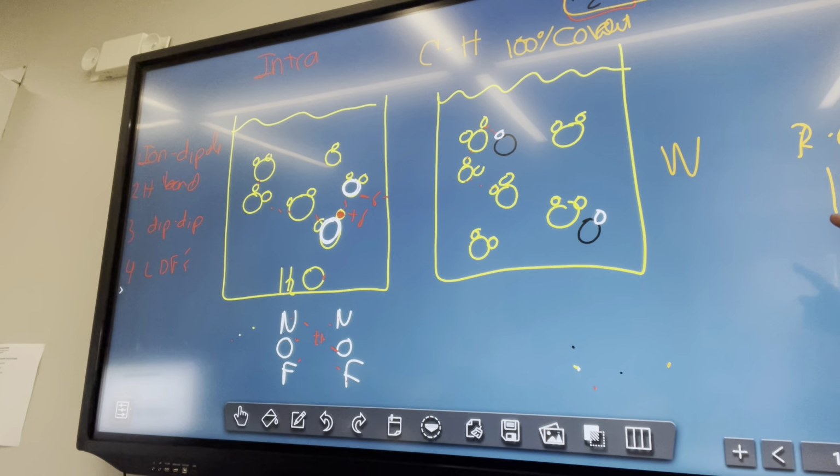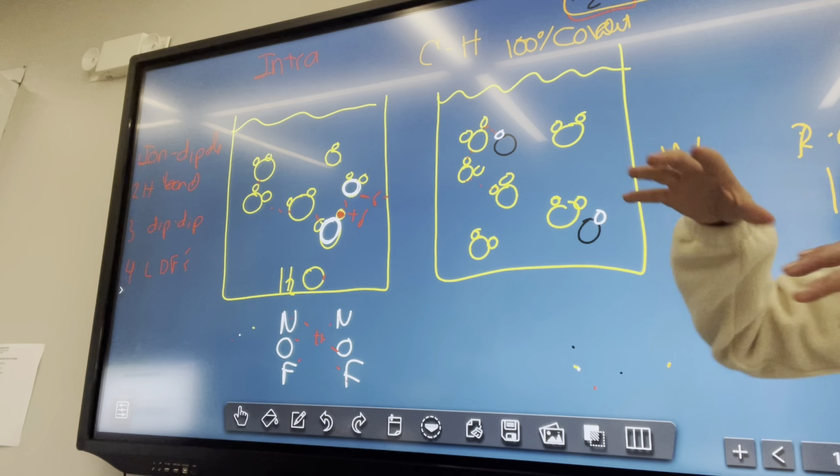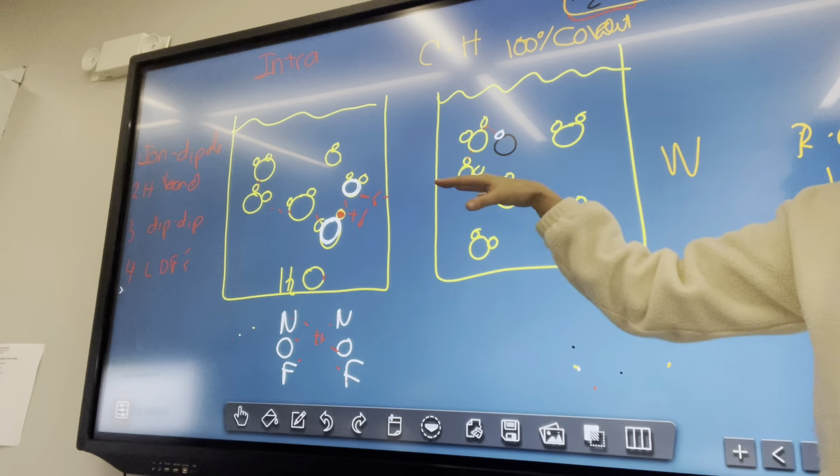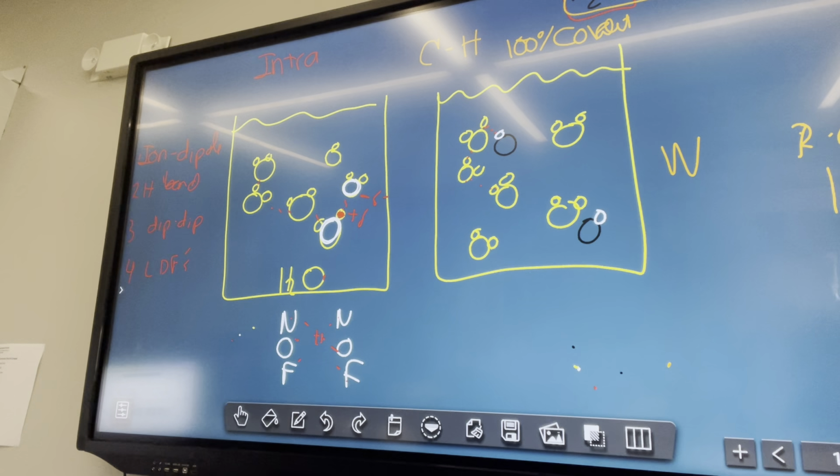Wait, why would it? What would make it boil faster? The breaking of the bonds. You're going to have to go into the vapor. In order to evaporate, you have to go from a liquid to a vapor. Okay, what about you? What do you think? Water. Amy, what do you think? The lower boiling point, I think it's going to be ethanol.